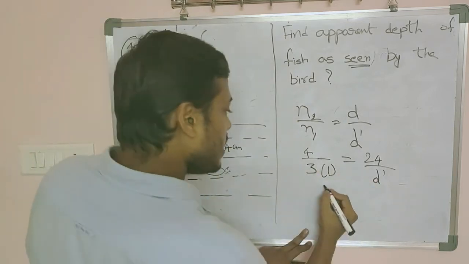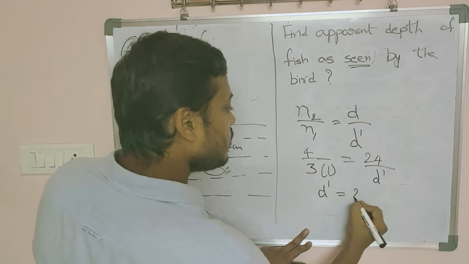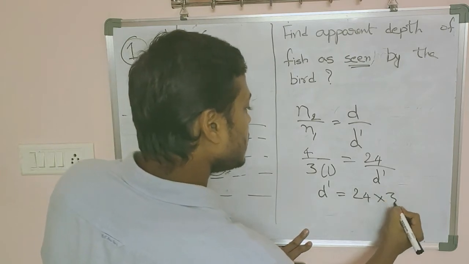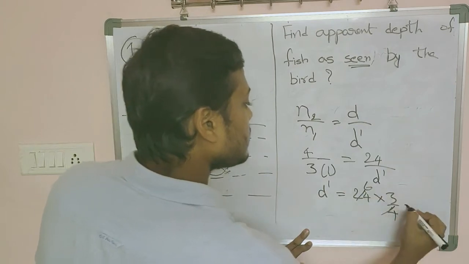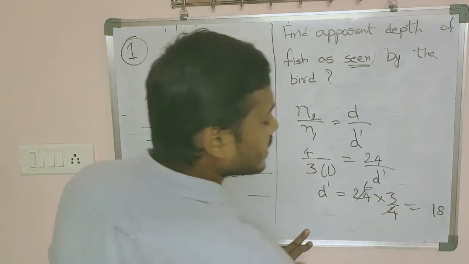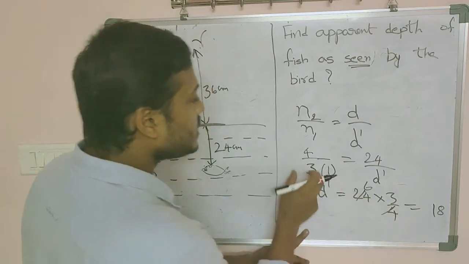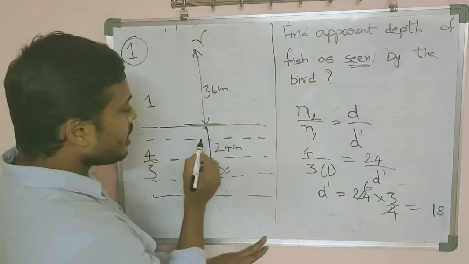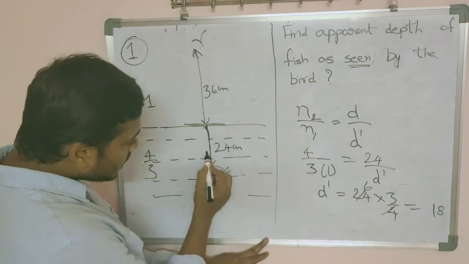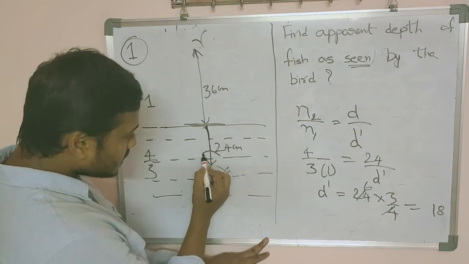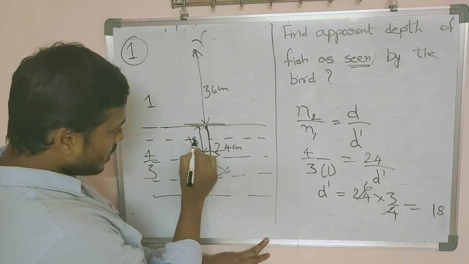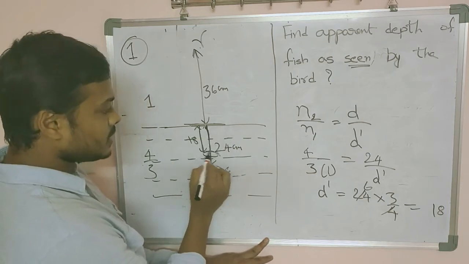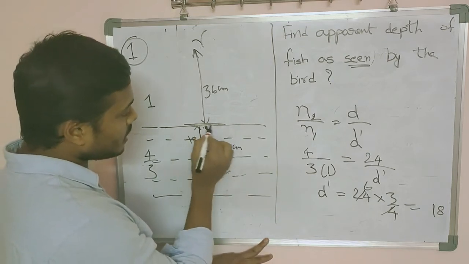Now D dash is equal to 24 into 3 by 4. 4 sixes are 24, 6 threes are 18, so 18 centimeters is the apparent depth from here. From here, the fish appears 18 centimeters from the surface boundary.